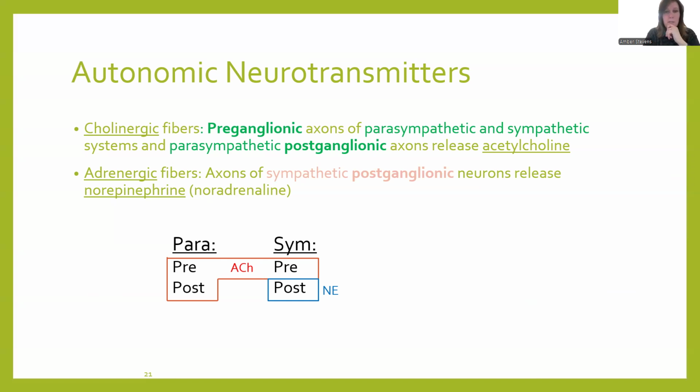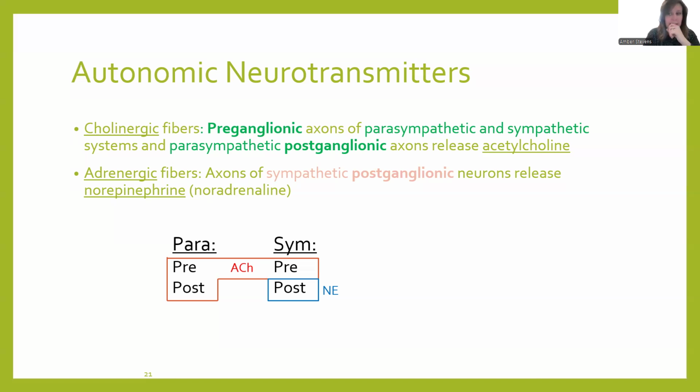All right, so there's only one type of autonomic axon that releases the neurotransmitter norepinephrine, and this is the axon of a sympathetic postganglionic neuron.